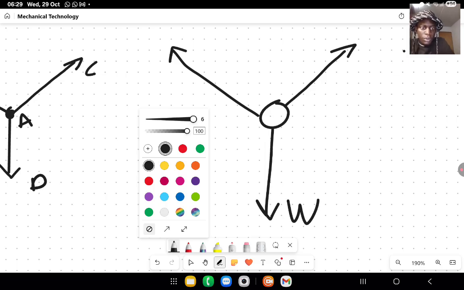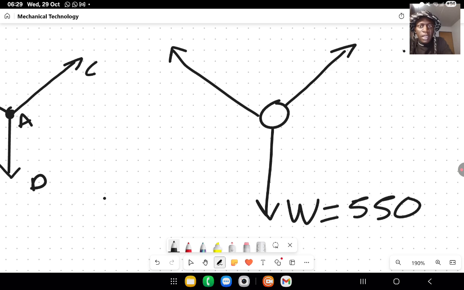Here W is equal to 550. Therefore, here there is an angle of that.